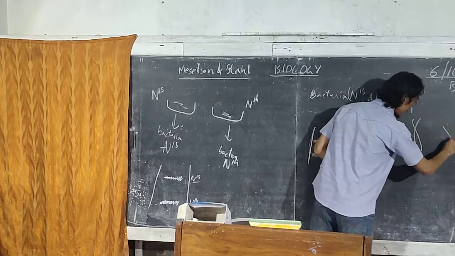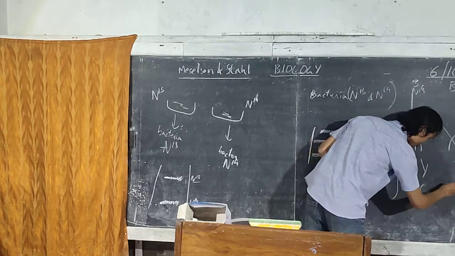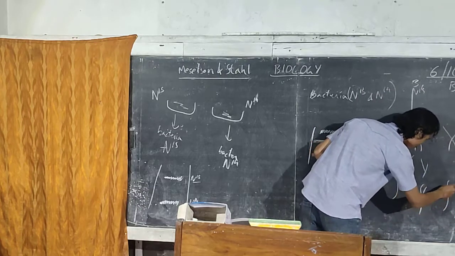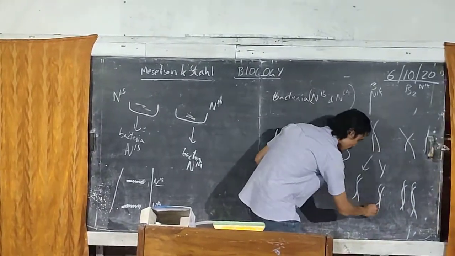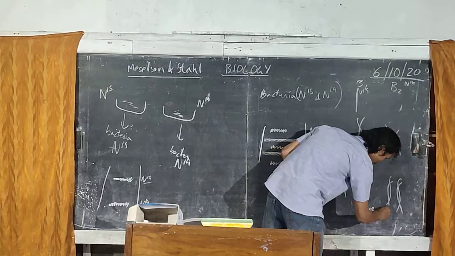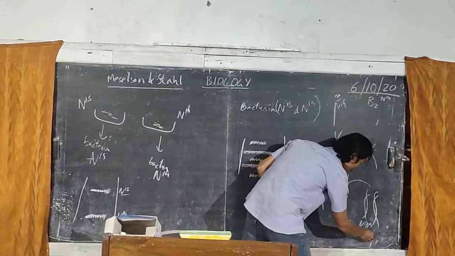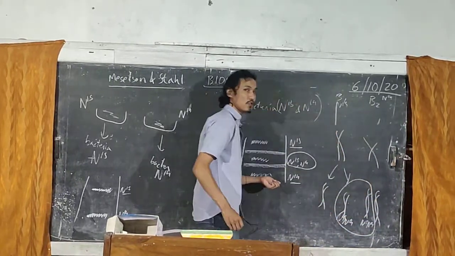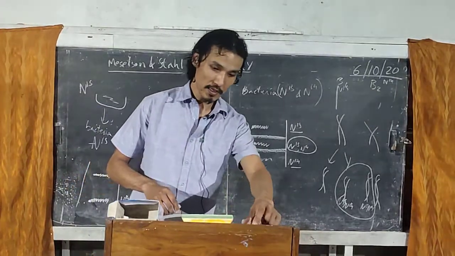That means their DNA started to separate out. So over time, one strand contained N15 and the other strand contained N14. So this was the majority type, which shows that the DNA replication was of semi-conservative type.